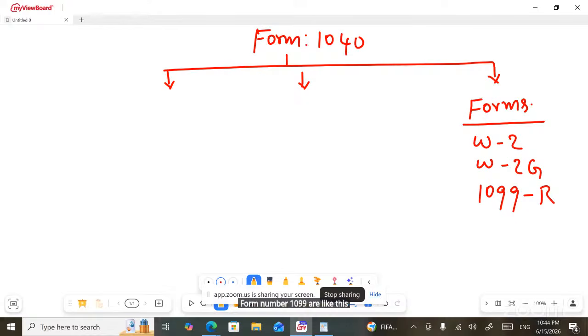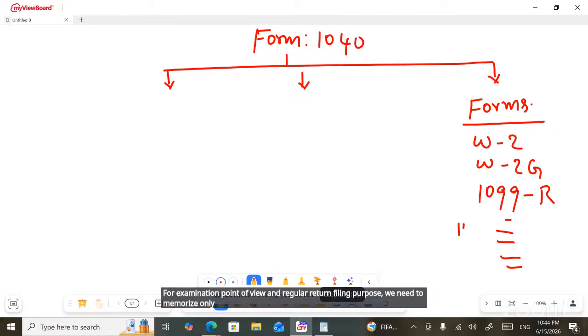And you are going to cover so many forms. Approximately these forms are in thousands. For examination point of view and regular return filing purpose, we need to memorize only around 15 document numbers, roughly.